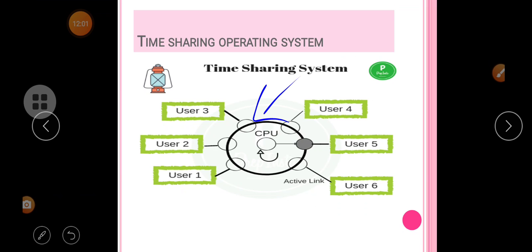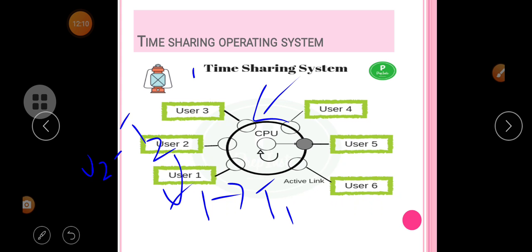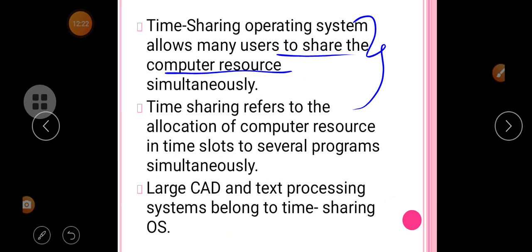So here user 1 can use time T1, user 2 can use time T2, user 3 can use time T3. Like this the users can share the time. Such processing systems belong to time sharing operating systems.